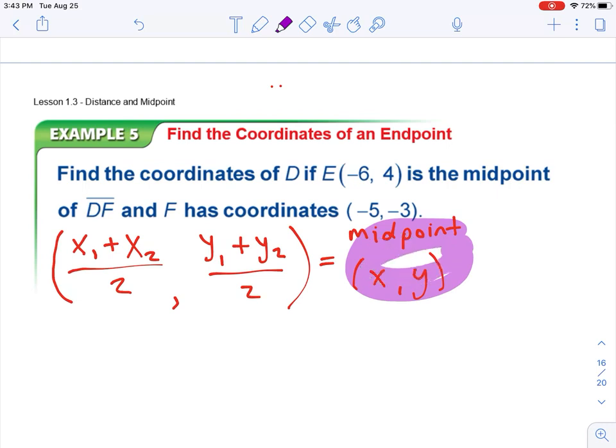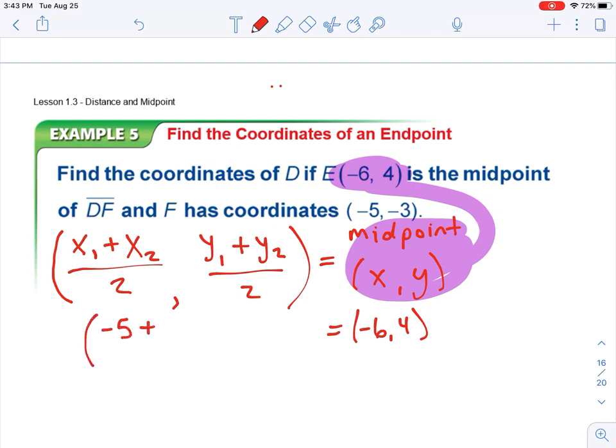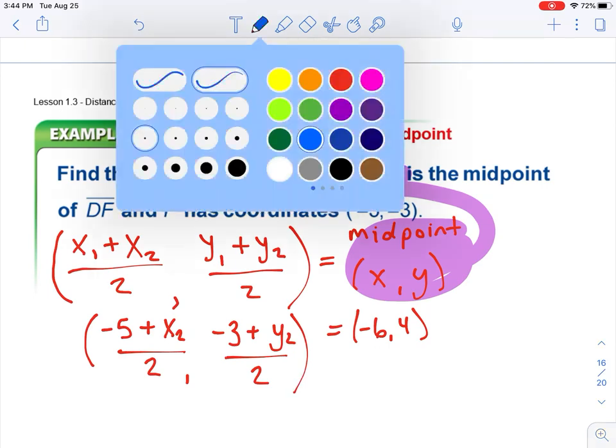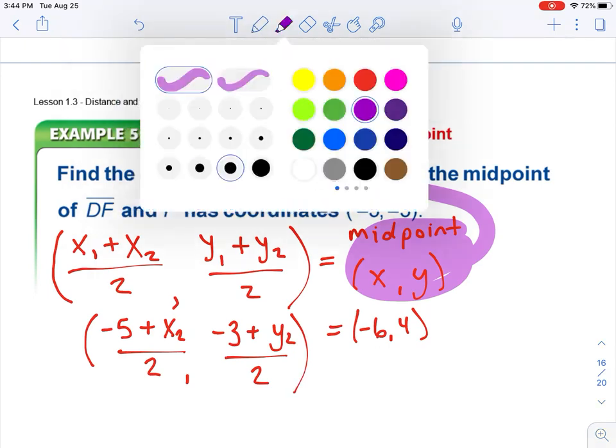So we're given the midpoint this time. We're going to plug him in. And we are given one of our endpoints, which means we can plug it into a section of each of these. And now we are going to treat these as two separate equations.